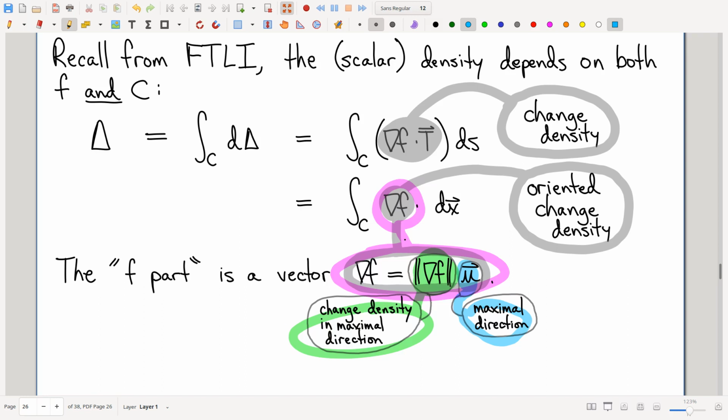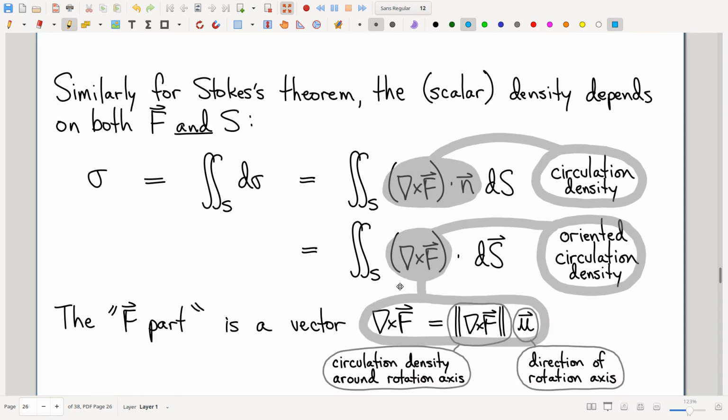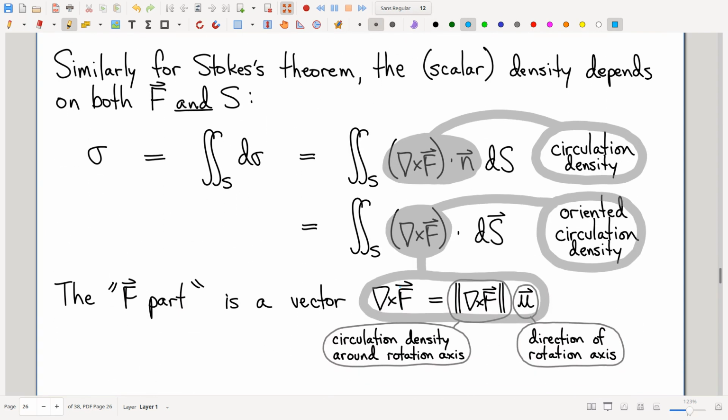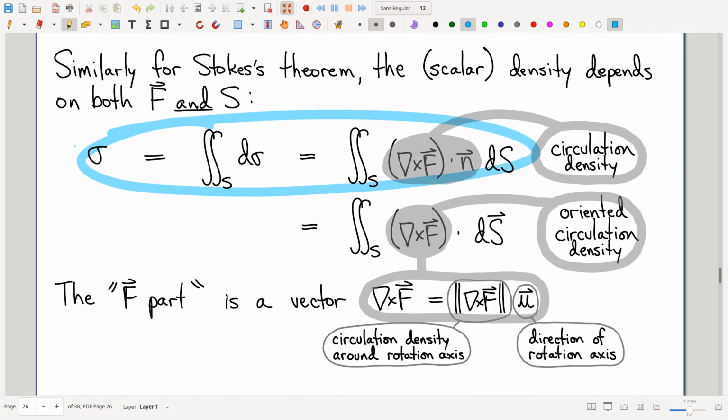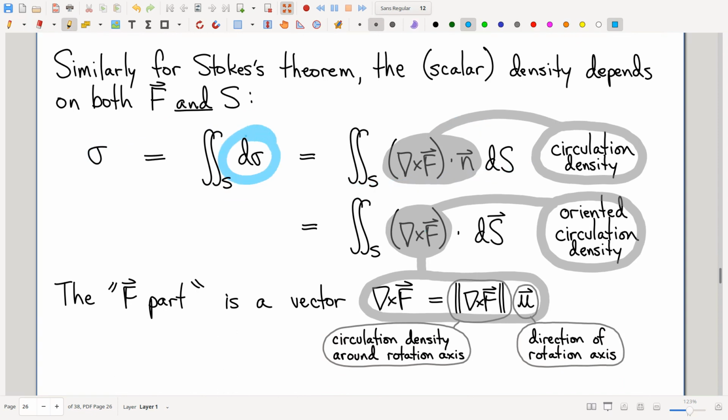So it's pretty natural to think of gradient as being both a magnitude representing how much the function's changing, and a direction telling you in which direction that is really happening. Okay, now, with that as a template, we're going to make all the same analogous observations now about Stokes' theorem and curl. So here was our first version of Stokes' theorem, right? And I'm just going to reproduce it.